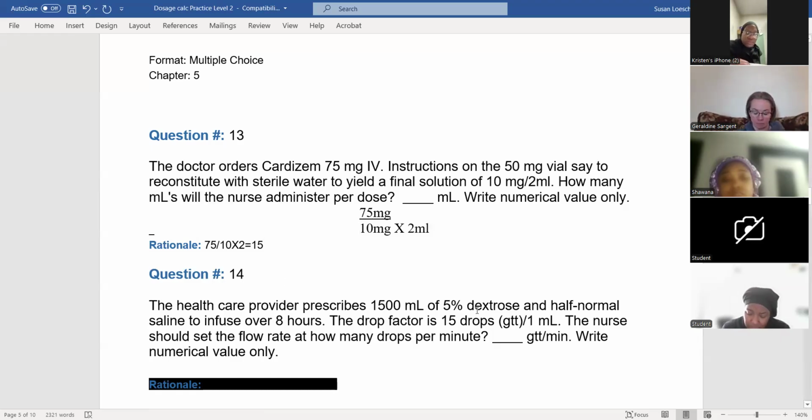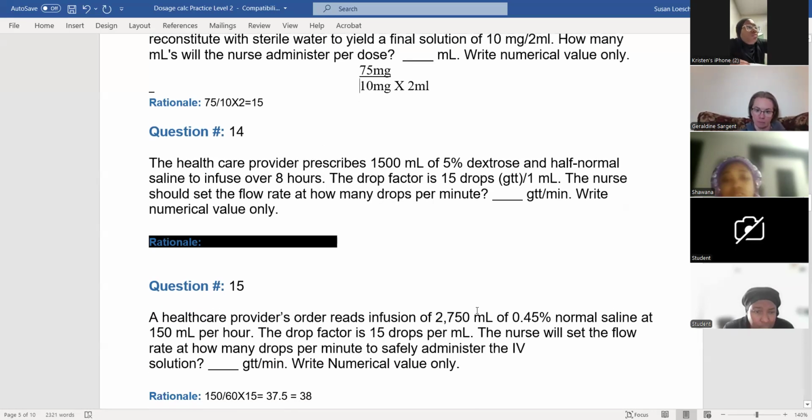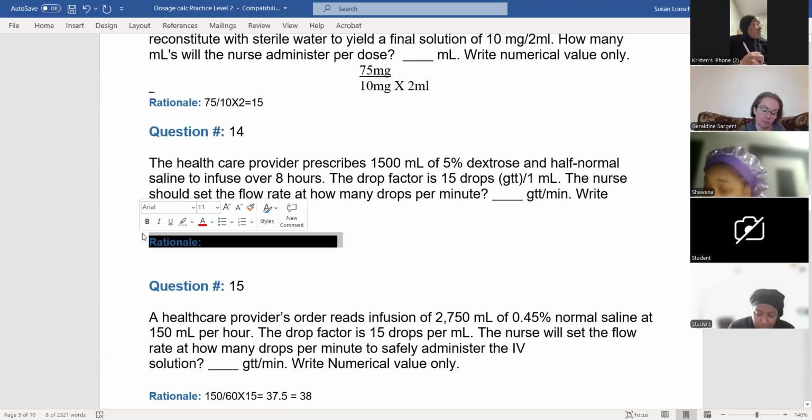All right, here goes the drop factor. Let's see if you can do it. Did we get it right?